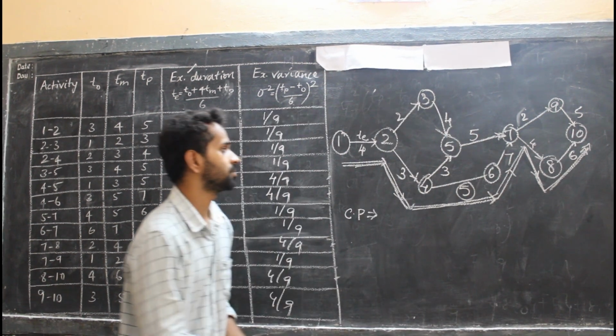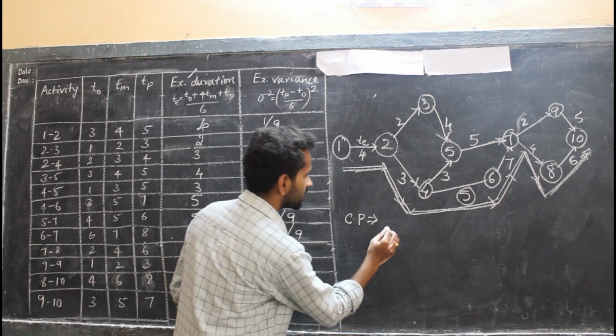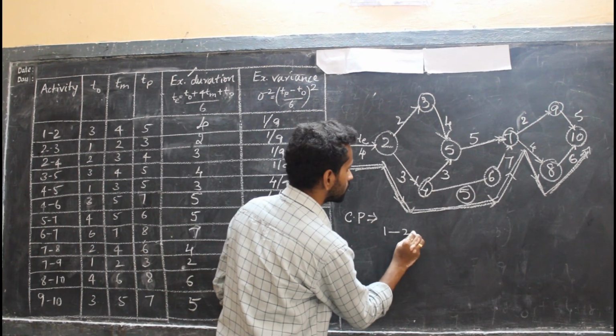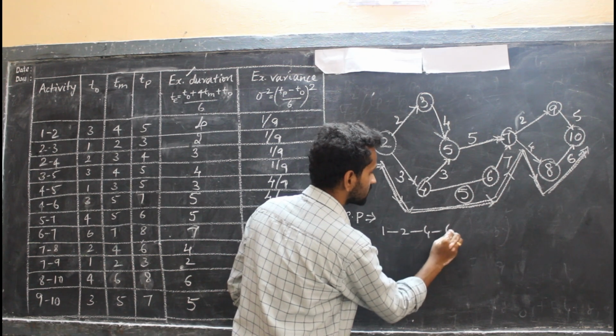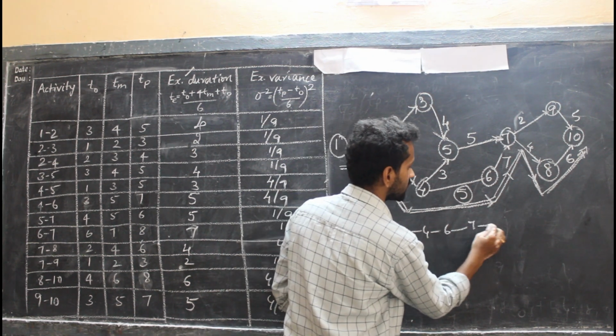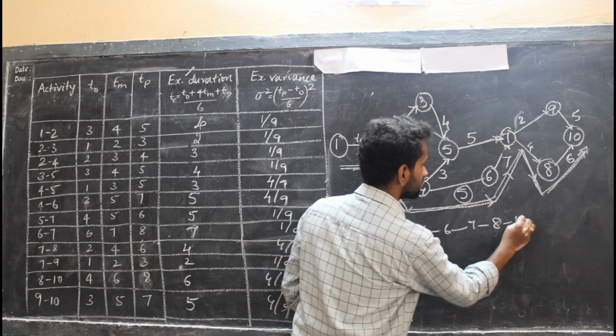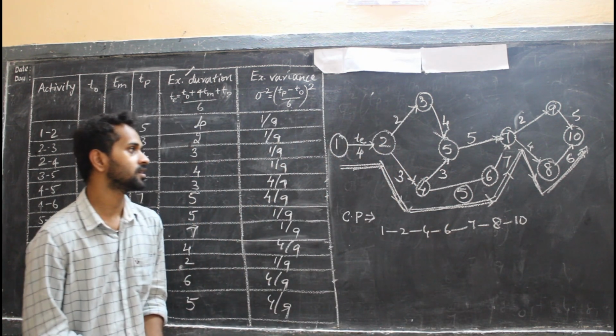This will be my critical path. So the critical path can be written as 1 to 2, 2 to 4, 4 to 6, 6 to 7, 7 to 8, 8 to 10. This is the critical path for the given project.